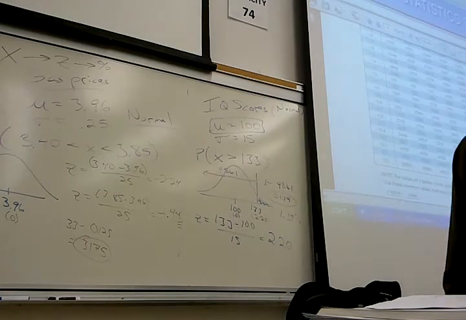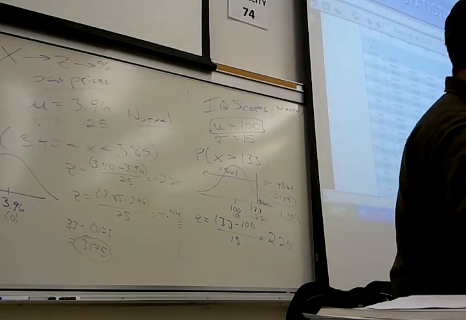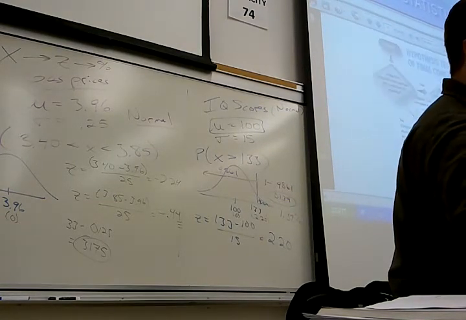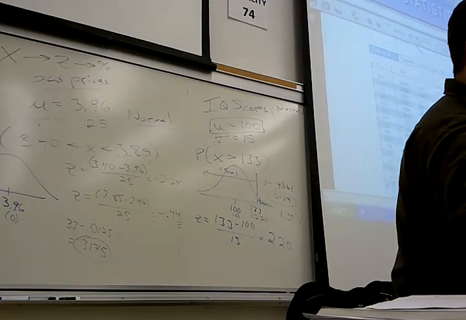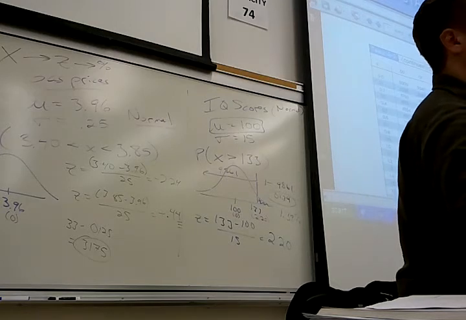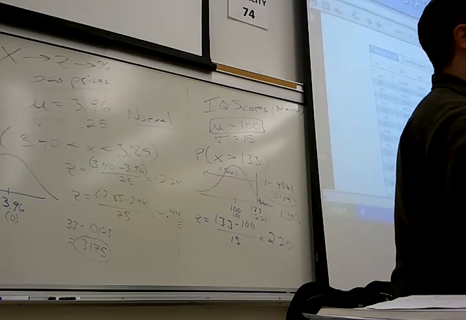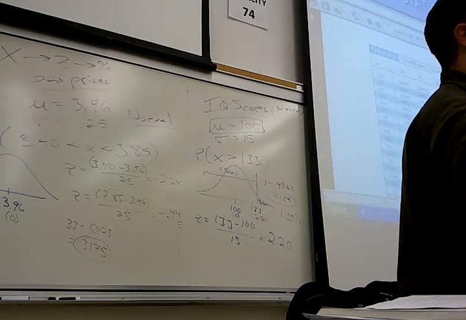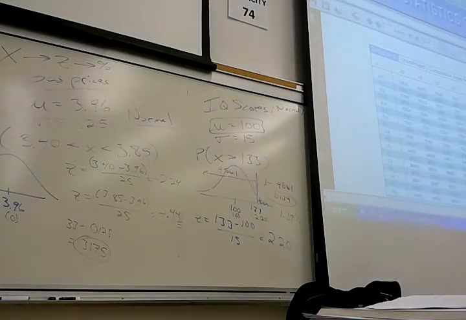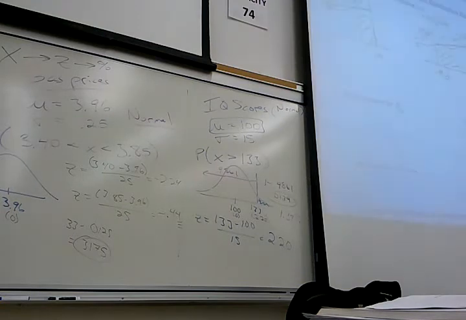When you look up positive 0.44, what do you get? Don't you get the answer? And it's because of the symmetry. If I want this area, then I look up negative 0.44.